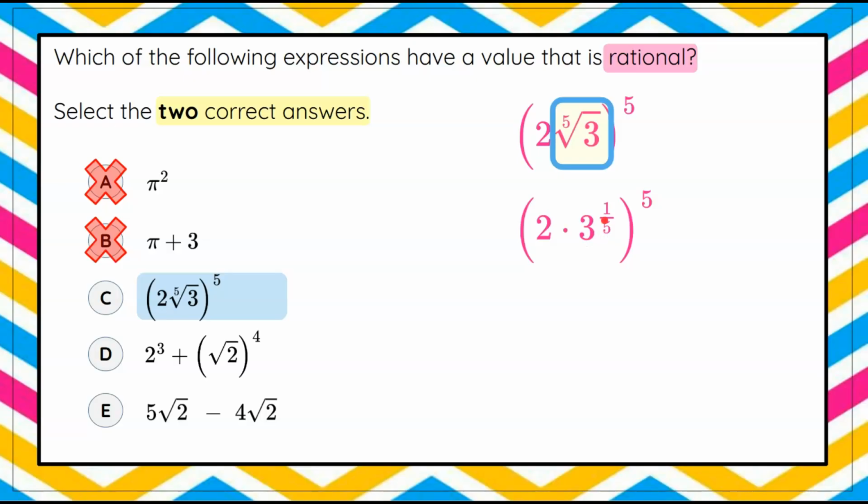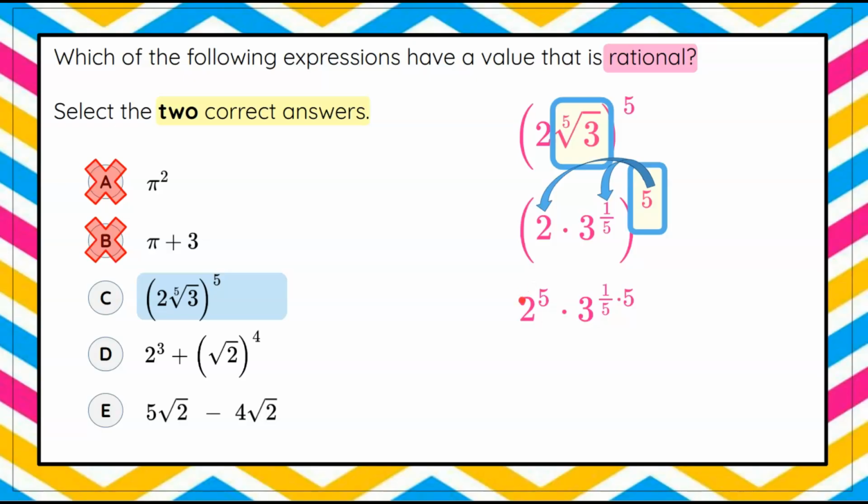So 1/5 as its exponent is the same as the 5th root. All right, now we're going to share this exponent of 5 to both terms inside. So we're going to say 2 to the 5th and 3 to the 1/5 to the 5th. So that's what it looks like.